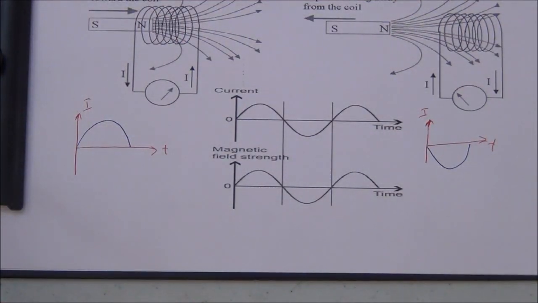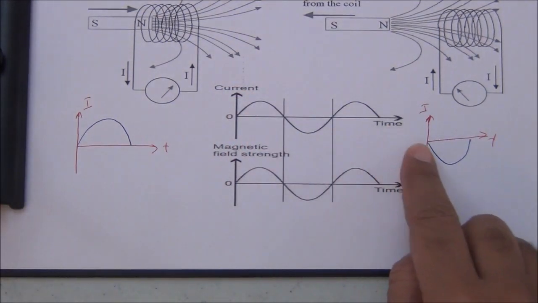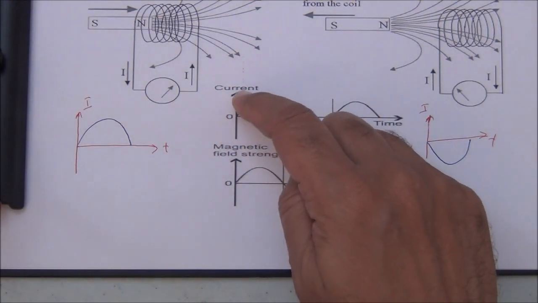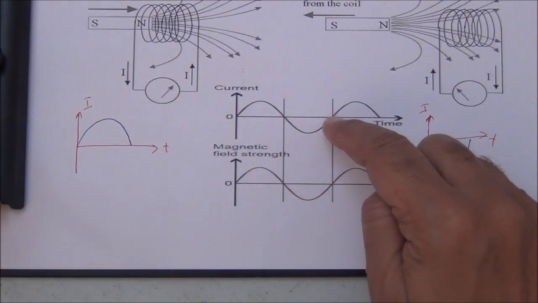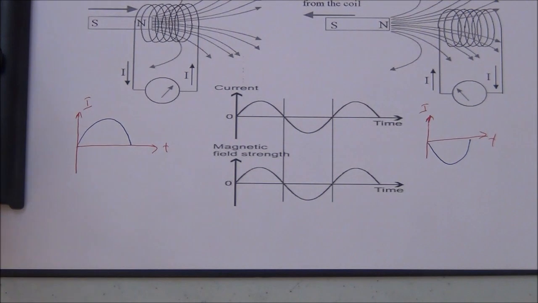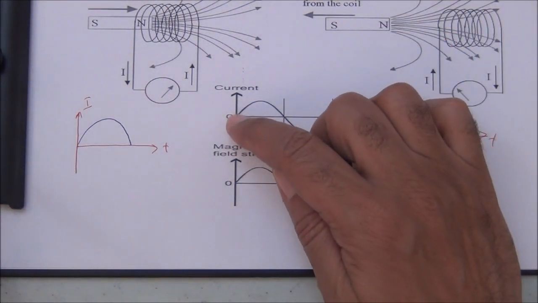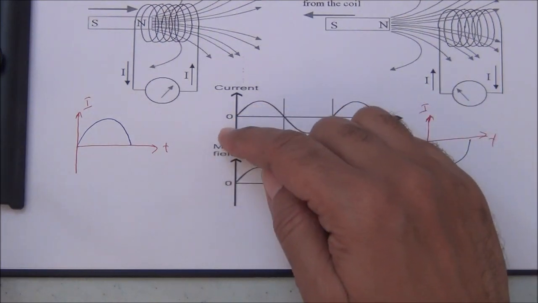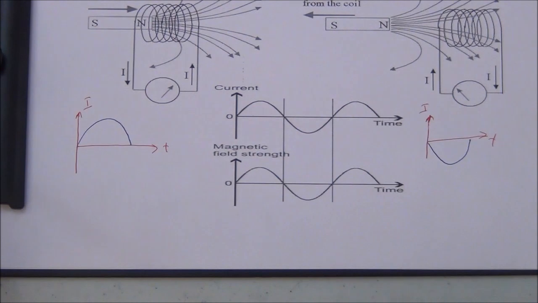We will get this relation between the current and the time. The current varies from positive to 0 to negative to 0. Actually, because it's just one complete cycle, the current moves from 0 to maximum to 0 to minimum to 0.